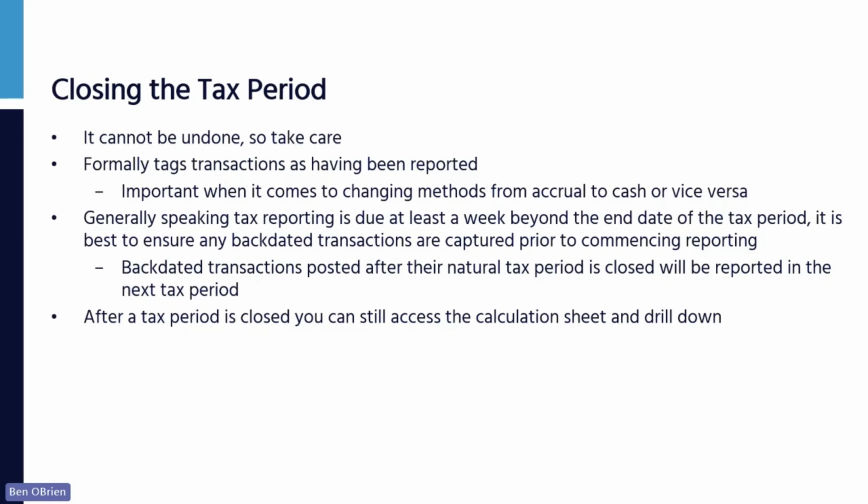And one of the reasons for that formality from a tax reporting perspective is that if you do change methods, consider the situation in which an invoice has been raised prior to the end of the previous tax period when you're on accrual.